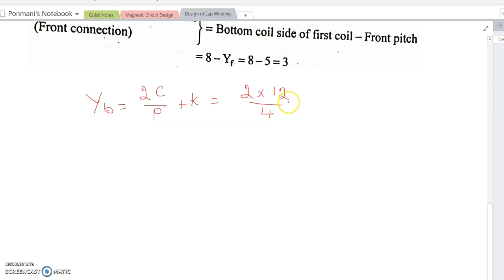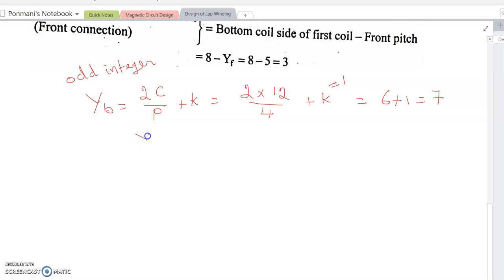But the back pitch should be an odd integer. So we are getting only an even number, so plus K. We are choosing K equal to 1, so as to make this 6 plus 1 is equal to 7. So 7 is the back pitch that we are calculating.